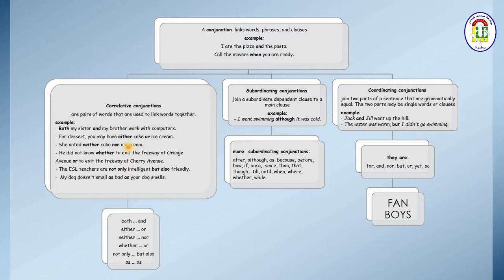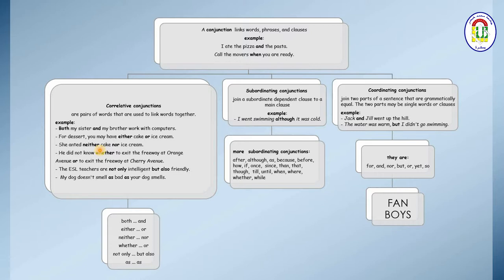Okay. He did not know whether to exit the freeway at Orange Avenue or to exit the freeway at Cherry Avenue. So here, whether and or are normally used as pair conjunctions to make such kinds of choices.